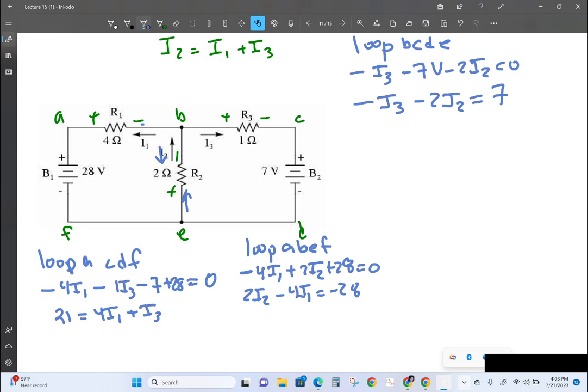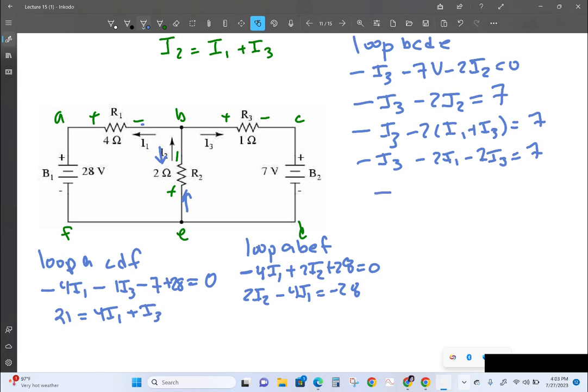And I2 is I1 plus I3, so negative I3 minus 2 times I1 plus I3 equals 7. That becomes negative I3 minus 2I1 minus 2I3 equals 7. Getting my I's together, this is negative 3I3 minus 2I1 equals 7.